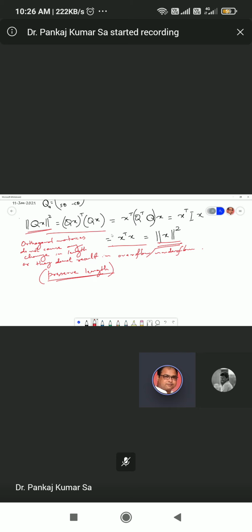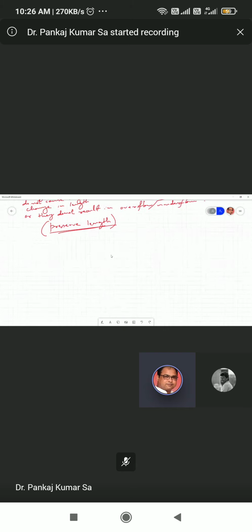So we talked about two orthogonal matrices. One of the generic orthogonal matrices, I mean this reflection matrix, is the Householder reflection. There was a mathematician called Householder.